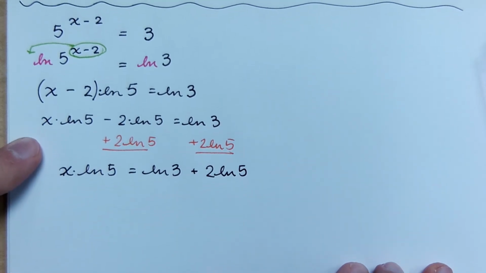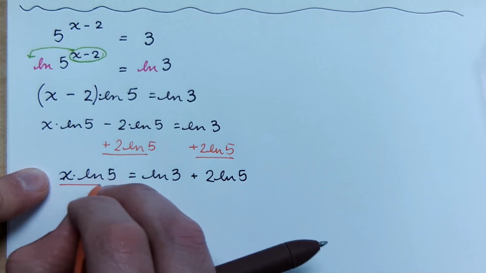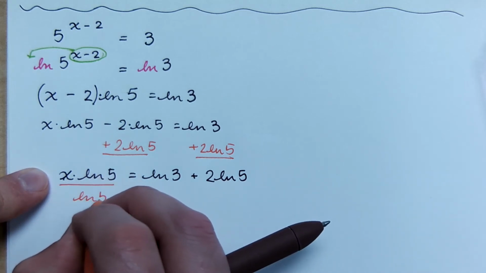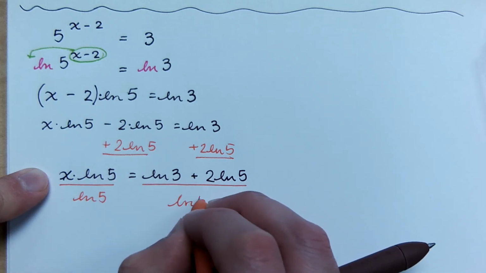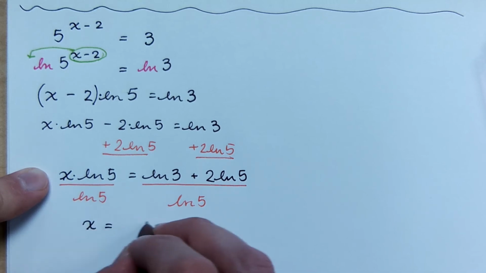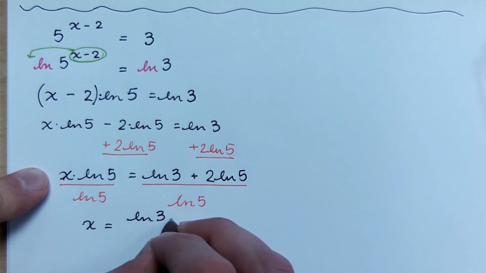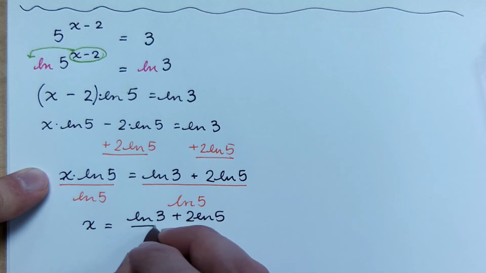And then how do I finish getting x by itself? Now I can divide by his coefficient, the natural log of 5. And I end up with x is equal to this big fraction over here.